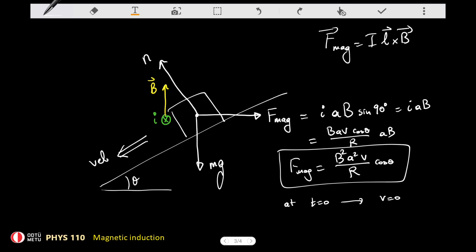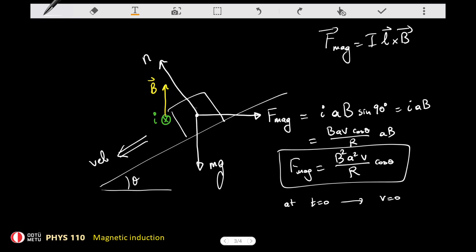This is reasonable because induced current is produced by the induction phenomenon, so that depends on how rapid the change is. As a result, this induced current is proportional to velocity. And so therefore, the magnetic force acting on the bar due to the induced current is proportional to velocity. So at the initial time, of course, this is 0.